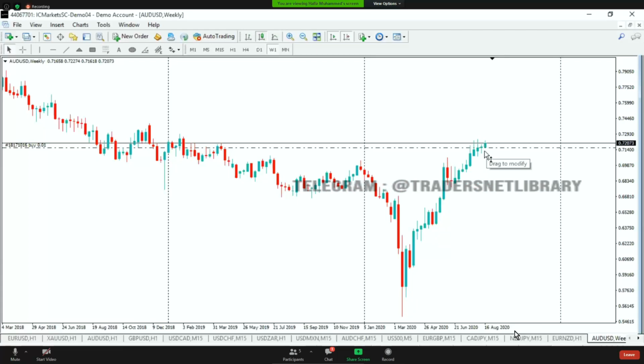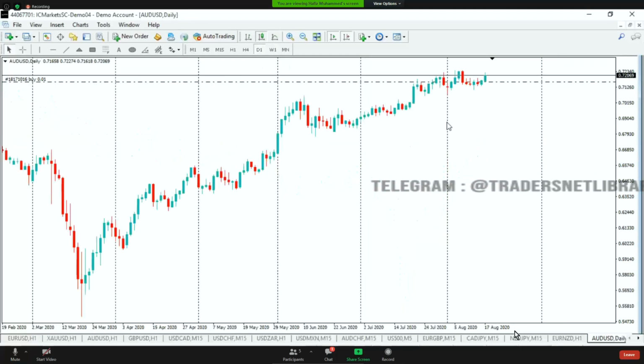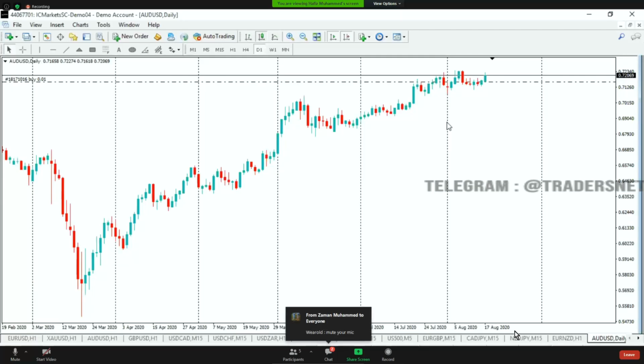After confirming that, thereafter we shall go to the daily chart as our last chart for the direction of bias. You understand? So those are the three time frames that we shall be using for the direction of bias.